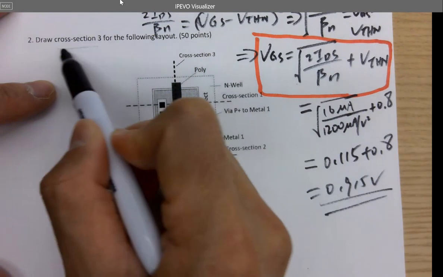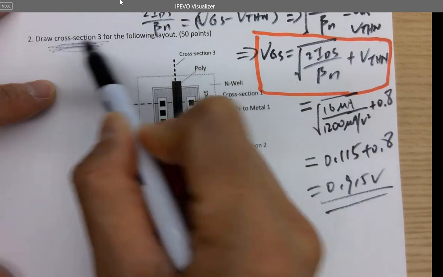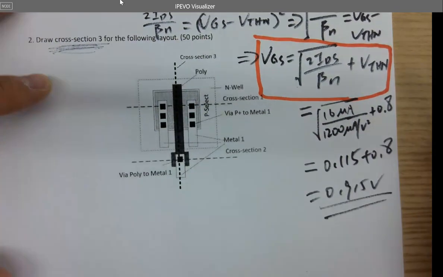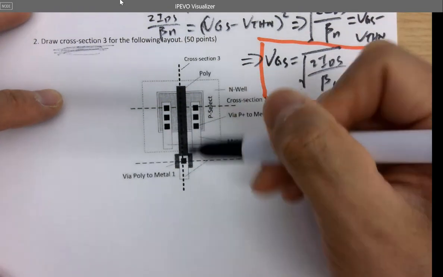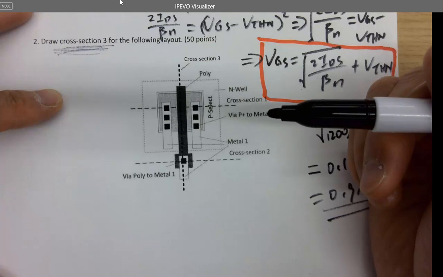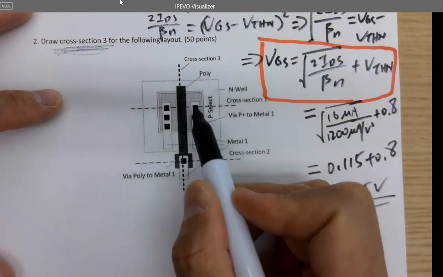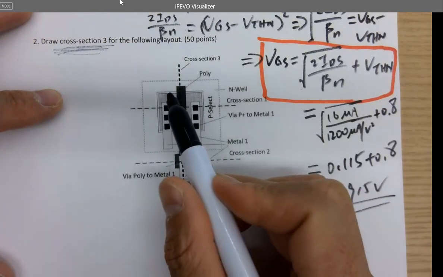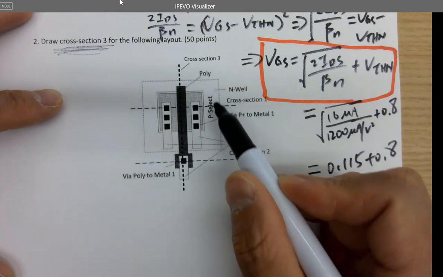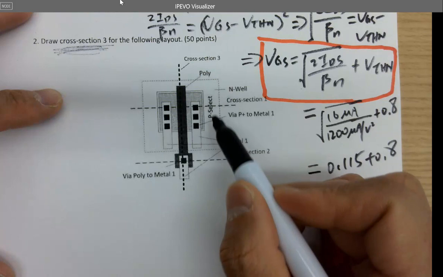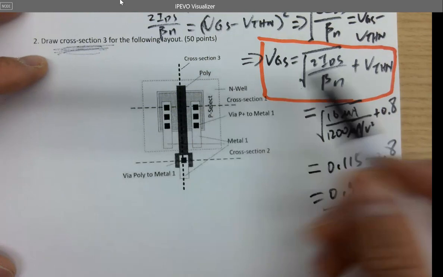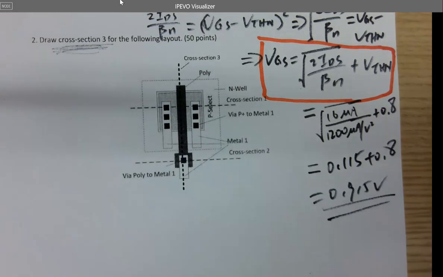See, cross section is 3, right? I did ask for 1 and 2, so just draw 3, whatever for this dashed line. So here is the most confusing part. So what does P select do? Let's just repeat it a few more times. Remember in the lectures I talked about P select.